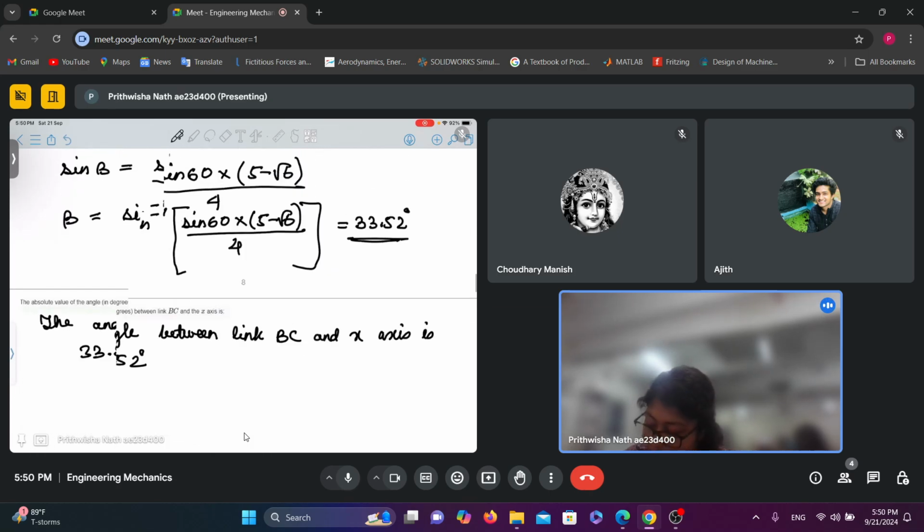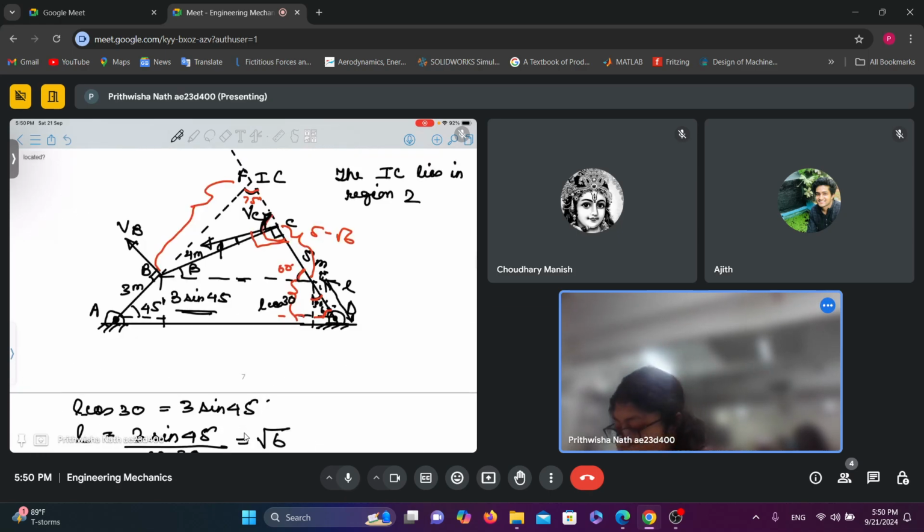Now I can again use the sine rule to find this length FB, right? I know two angles and I know one side, so I can find out the other side, that is FB.